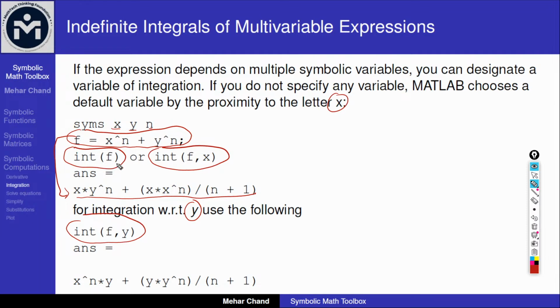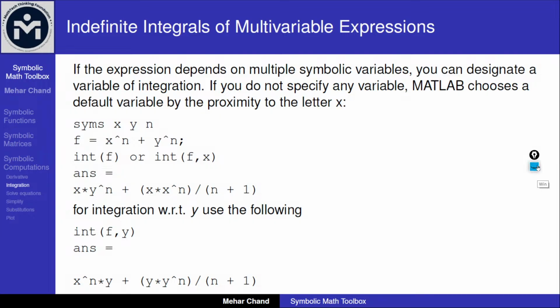For x you can use one of these, but for y we have to use only this one, because x it will take by default, or you can make it specific. But if you need it with respect to y, because f is a function of the symbolic variables x, y, and n, we have to use this expression, and this will return the integration of f with respect to y.